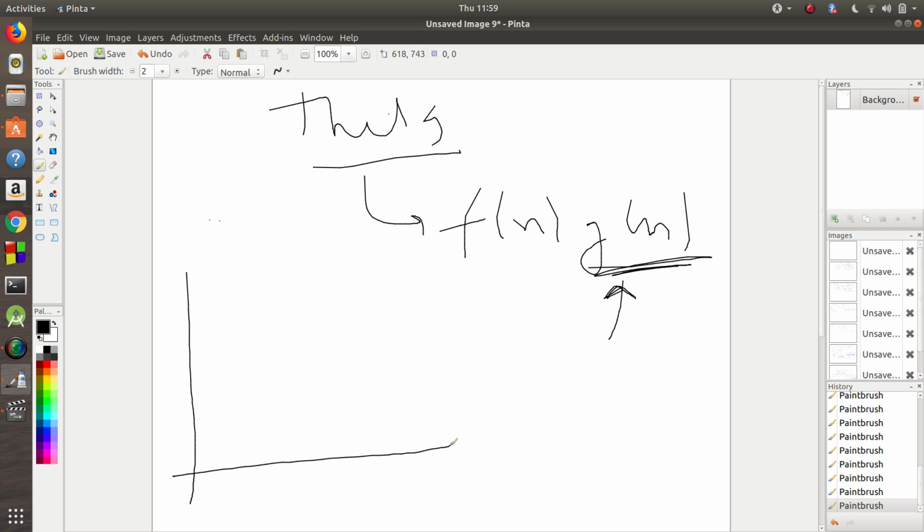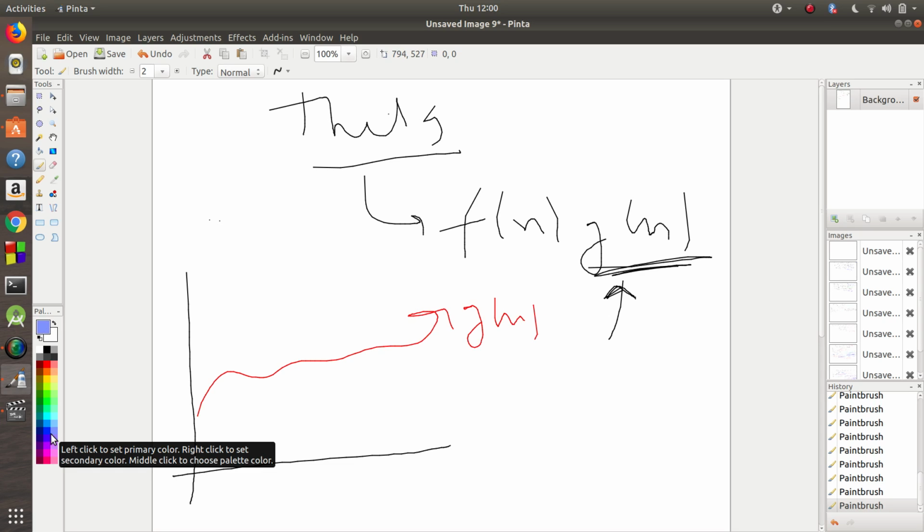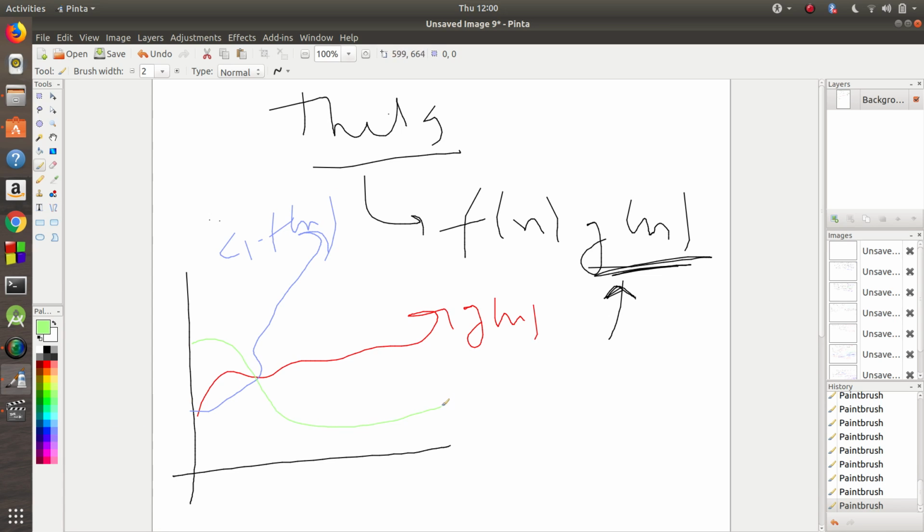So let's say that g of n is this, and c1 multiplied by f of n is this, c1 into f of n, and this corresponds to c2 into f of n, where c1 and c2 belong to the real number set, right?